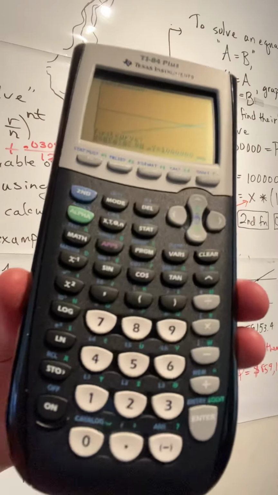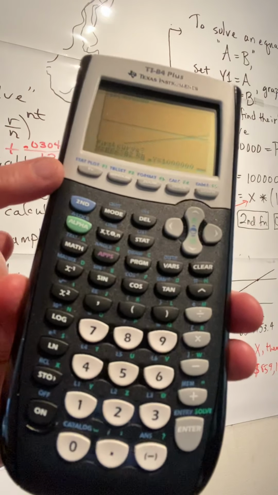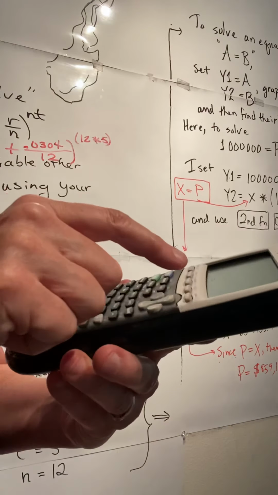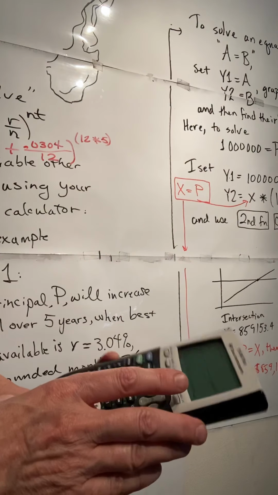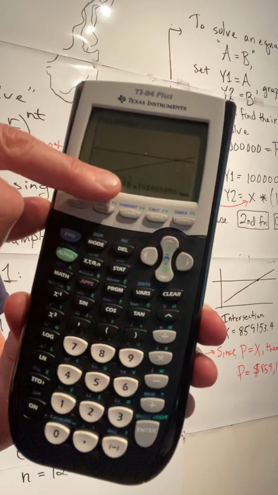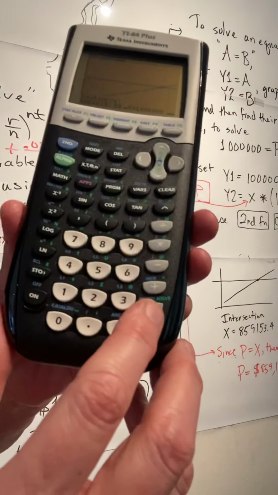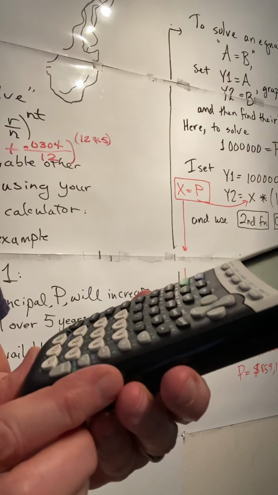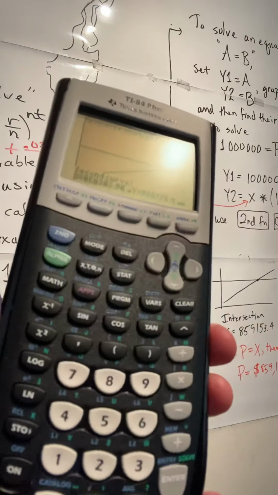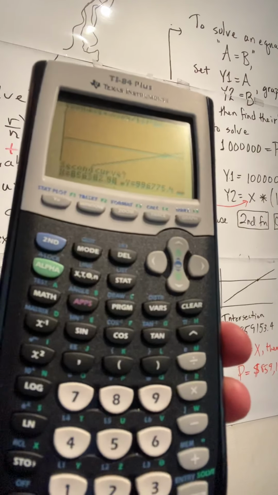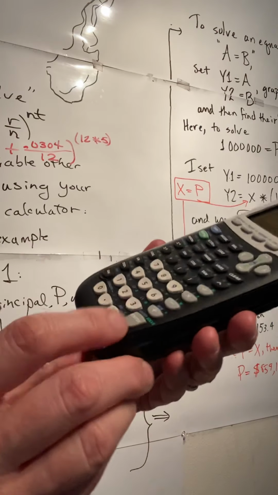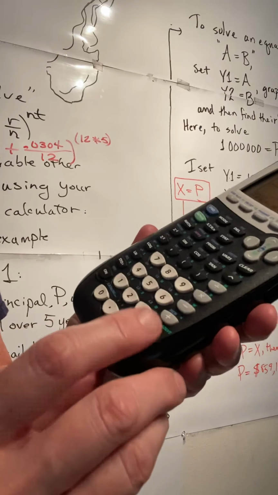It says first curve, question mark, and at the top it says y1 equal to 1,000,000, and you say yes by pressing enter. Then it says second curve, and up at the top it's showing the equation for y2, and you say yes by pressing enter.